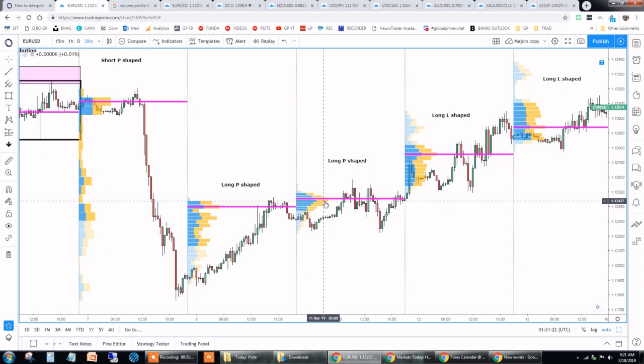And this is very much the opposite of what I was explaining. This would be the opposite of a short L shape, okay? So whenever we have this pattern, this is something you want to be well aware of if you're still holding short positions.